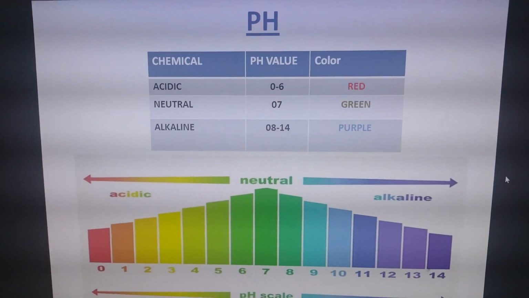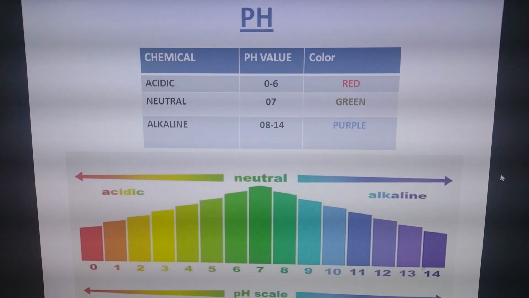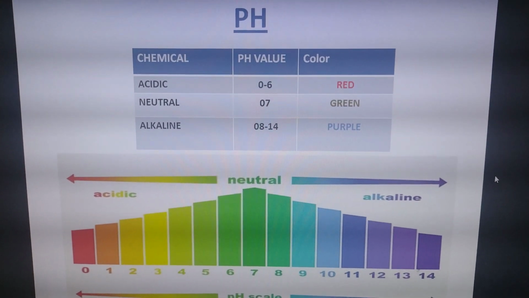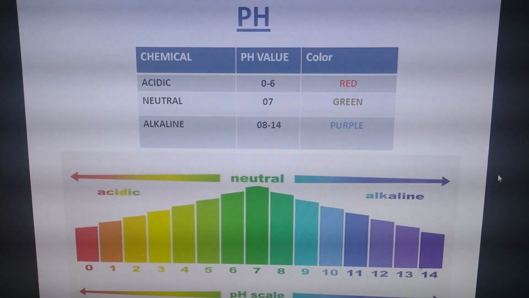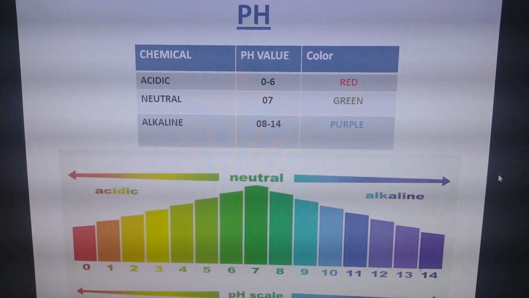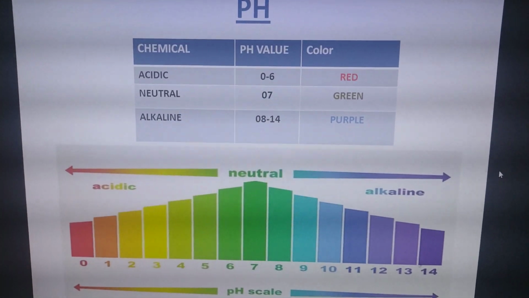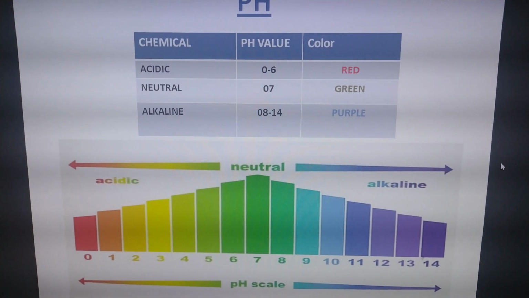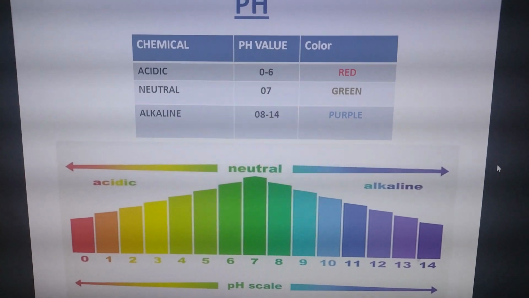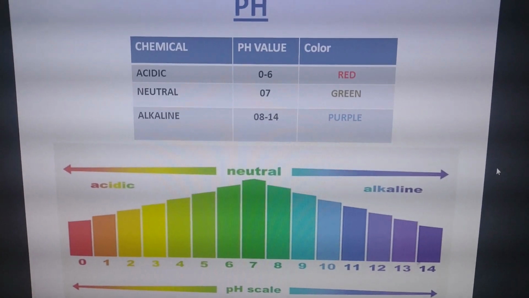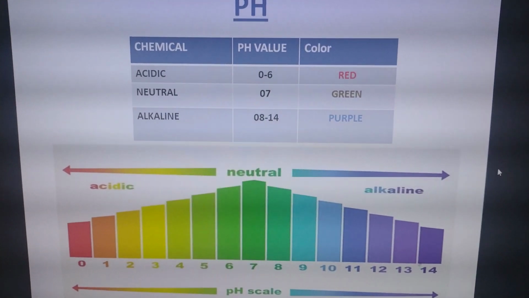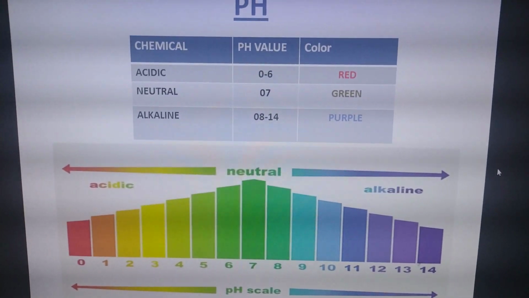Let's understand the pH. pH is a scale of 0 to 14, where 0 to 6 is acidic, 7 is neutral, and alkaline is 8 to 14. At the center, 7 is neutral, and the color denotes green. Acidic, 0 to 6, the color denotes red. Alkaline, the color denotes purple.